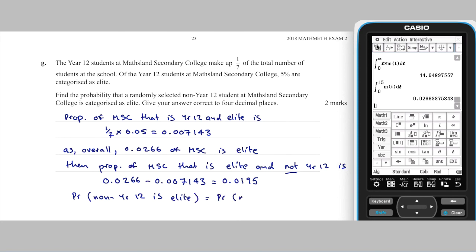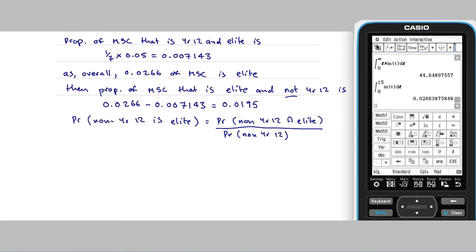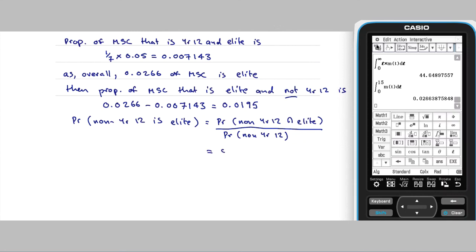With this information, we can find the probability that a randomly selected non-Year 12 student is categorised as elite. This will be equal to the probability that a non-Year 12 student is selected and they are elite, divided by the probability that a non-Year 12 student is selected. This is equal to 0.0195, the value calculated earlier, divided by the proportion of non-Year 12s, which is 6/7.